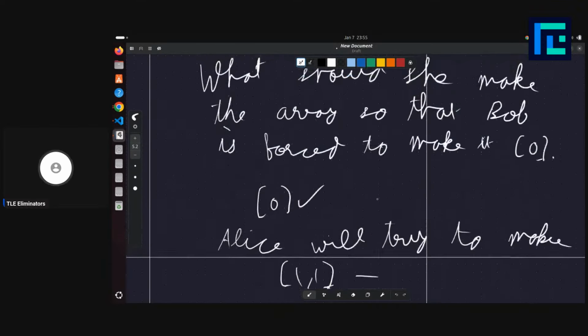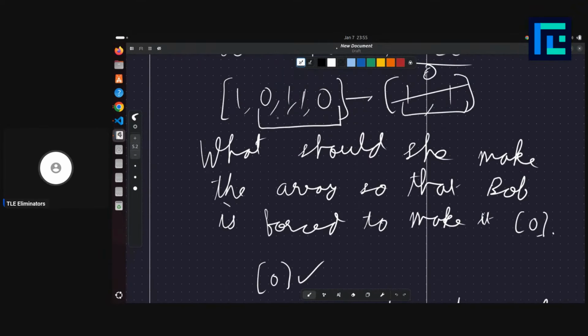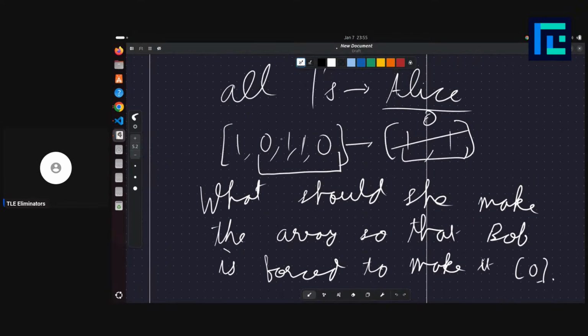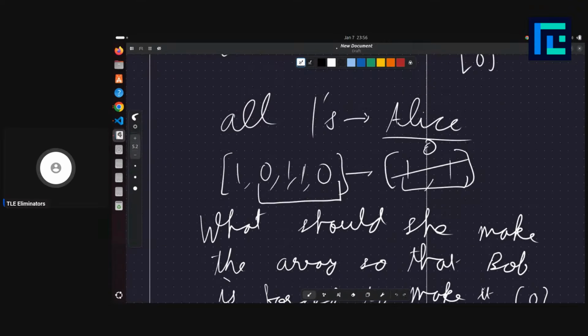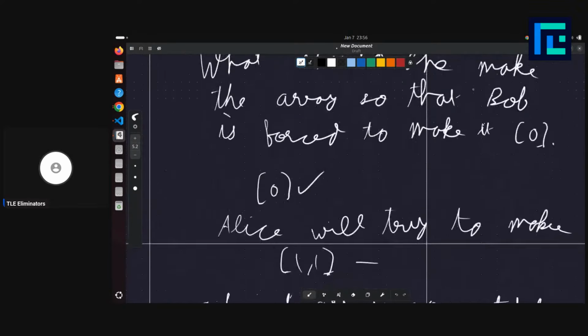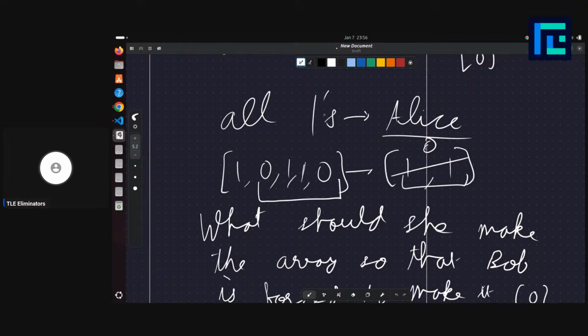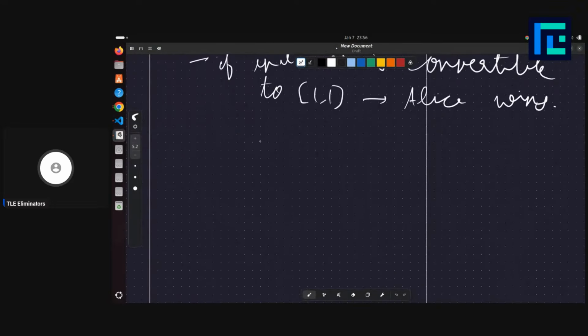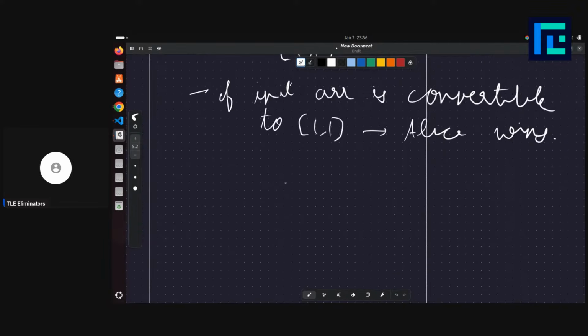First of all, the base case is the all-ones array, where Alice will win. We know that, that case we have covered. But now the array has at least one zero. So if the array has at least one zero, what is the condition that Alice can make 1 1?